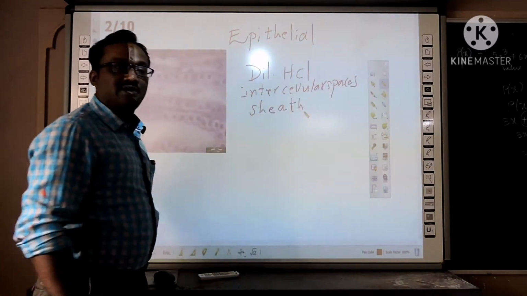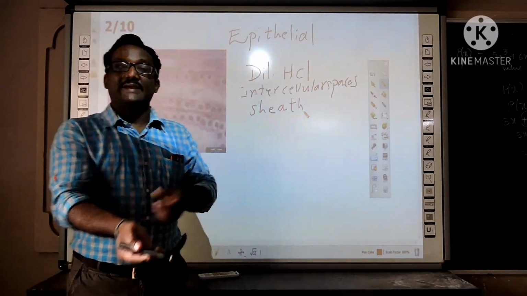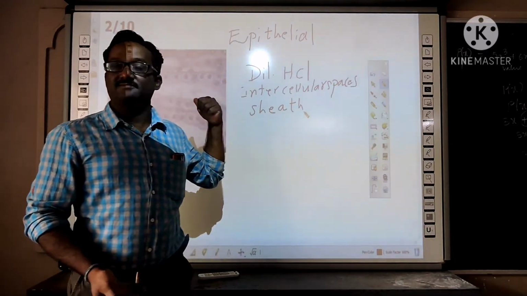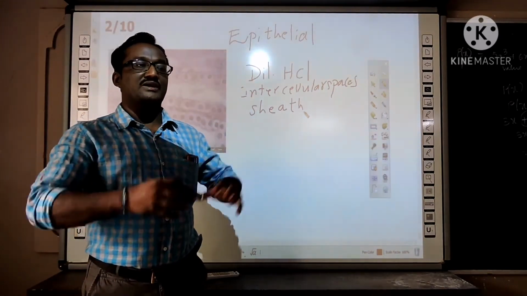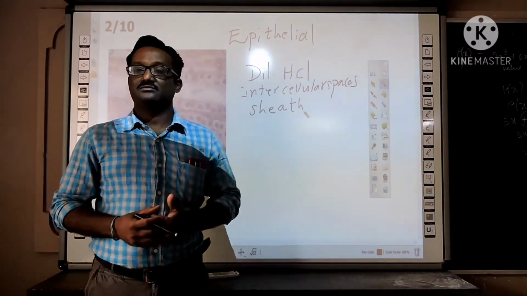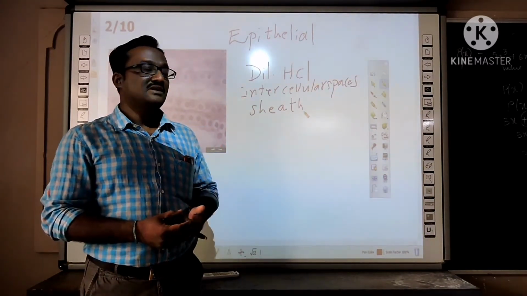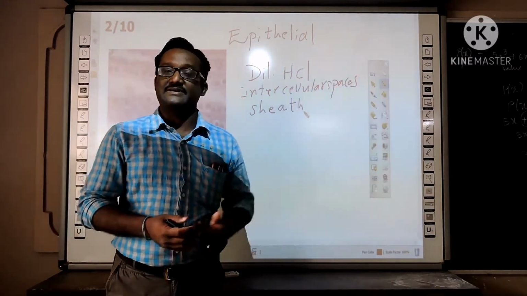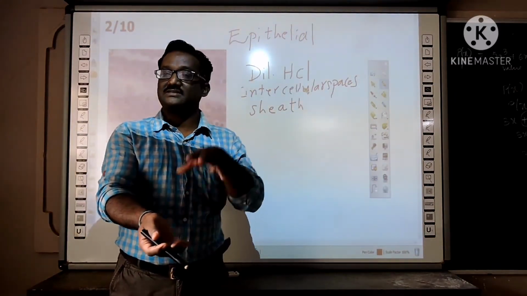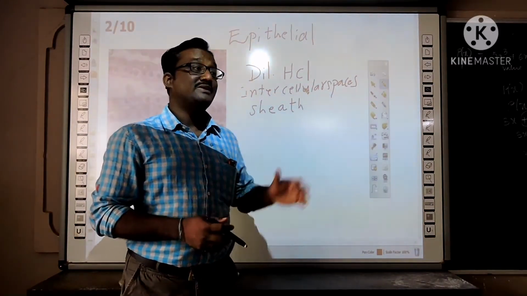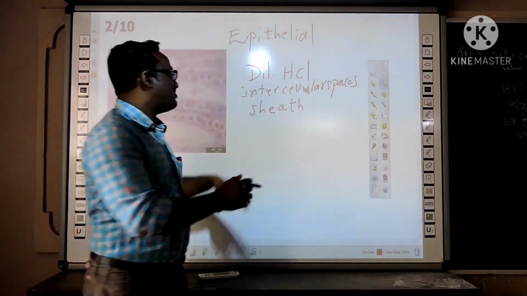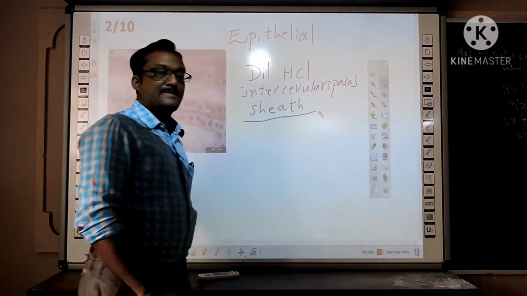In our skin also, the epithelial cells are arranged like that only. They are arranged close together. There are no gaps. What is the reason? If there are gaps or intercellular spaces, harmful substances enter the blood through those gaps. That's why they form a continuous sheath.